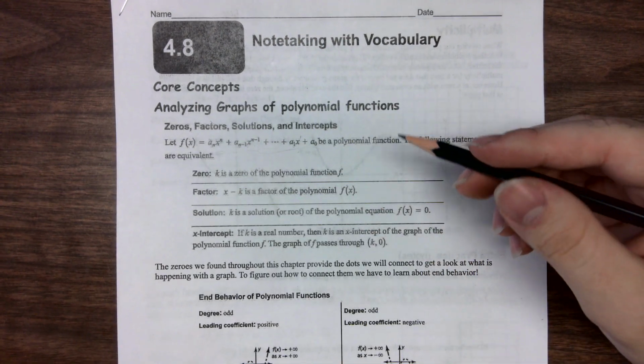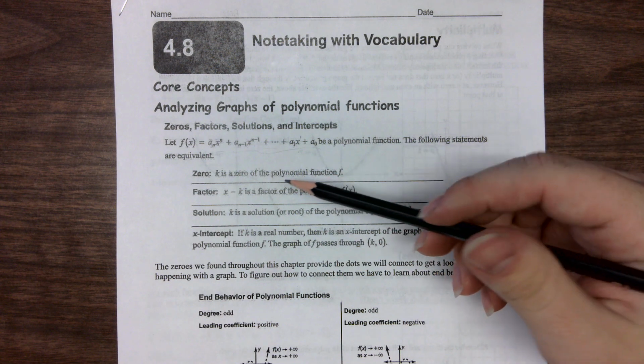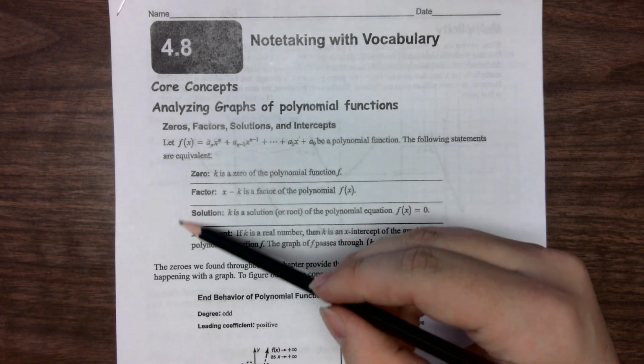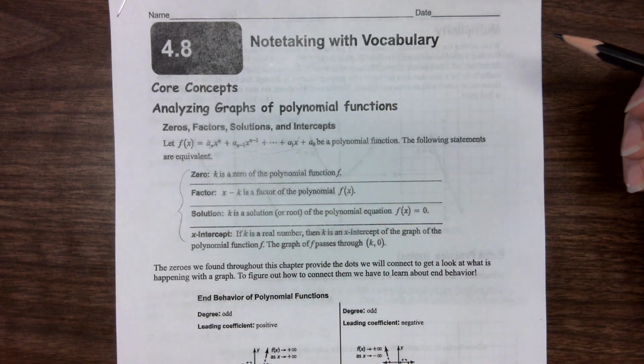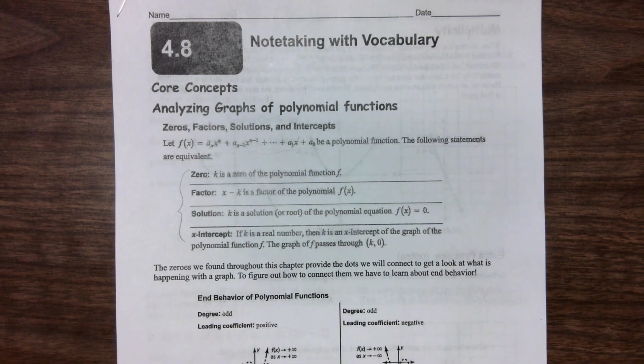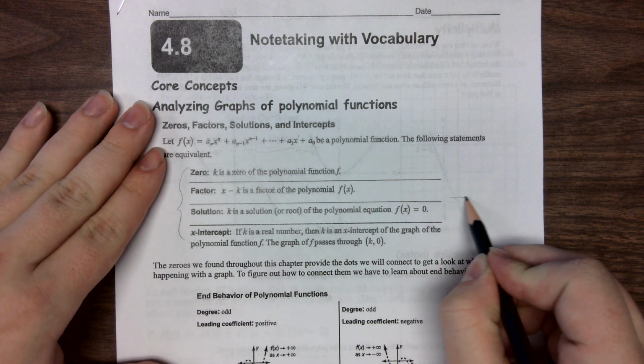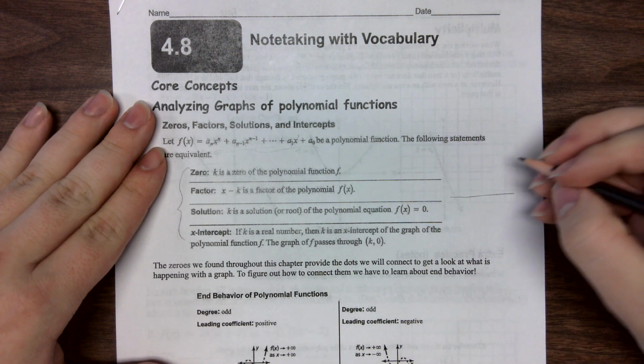Our next part is telling us these are all sort of the same thing. The zeros, the factors, our solutions, our x-intercepts, they are all really the same thing, just in different words. So to get a review, let's look at a quadratic.